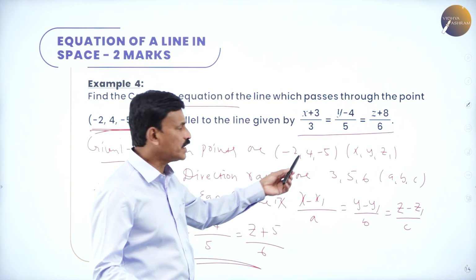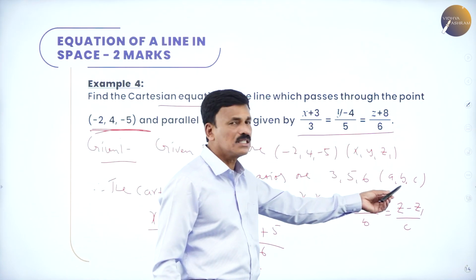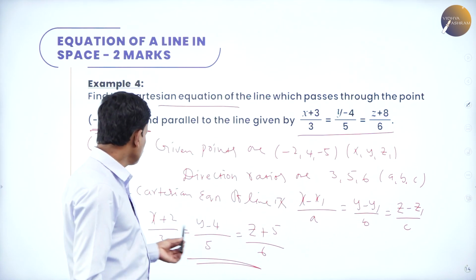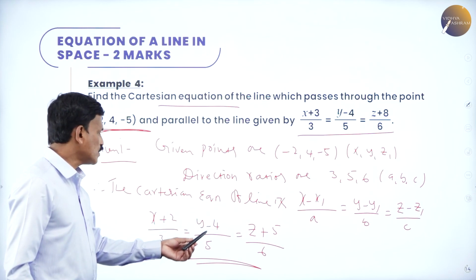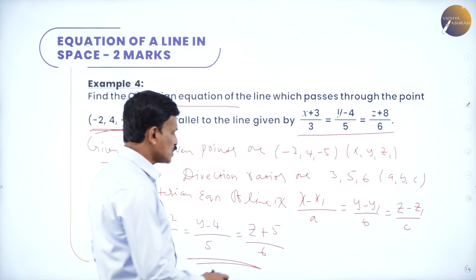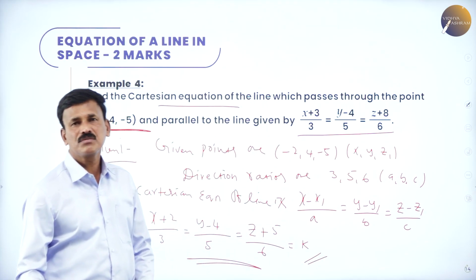First, just find the direction ratios. The direction ratios are 3, 5 and 6. This is nothing but a, b, c. So the required equation of the line is x minus x1 by a, x plus 2 by 3, y minus y1 by b, y minus 4 by 5, is equal to z plus 5 by 6, which is equal to a constant. That's it. This is the required equation of the line.